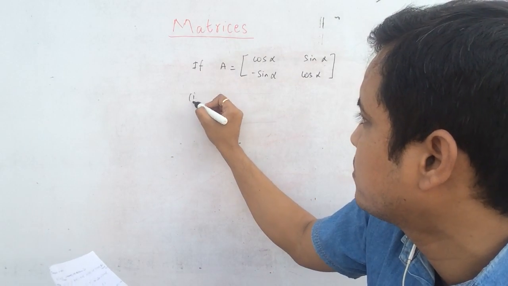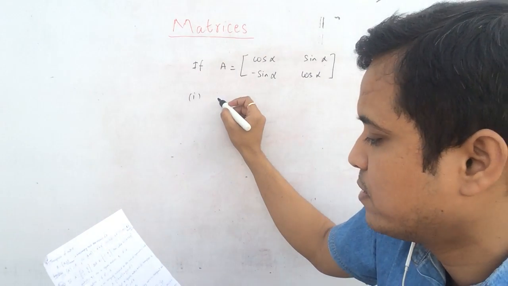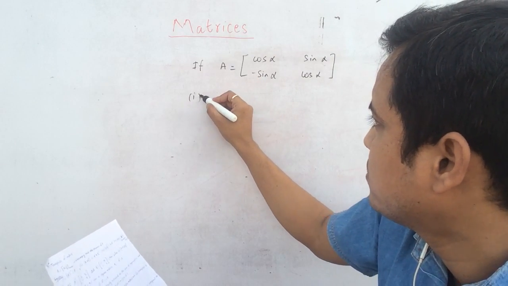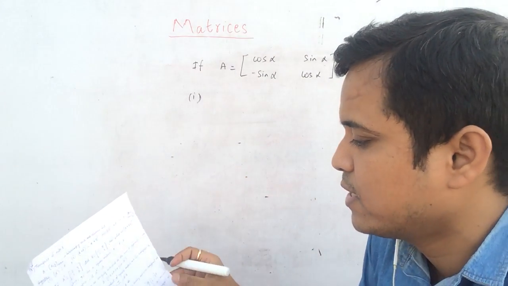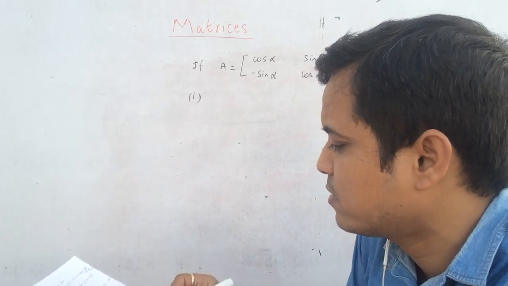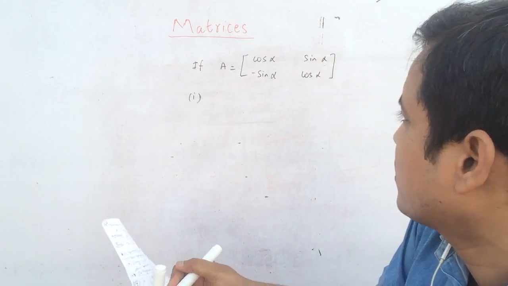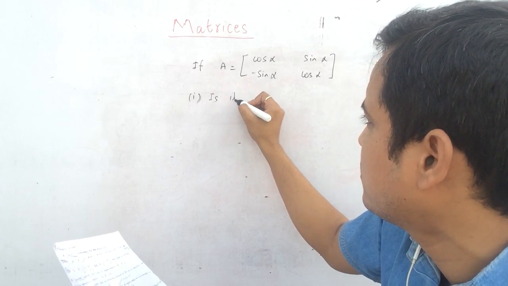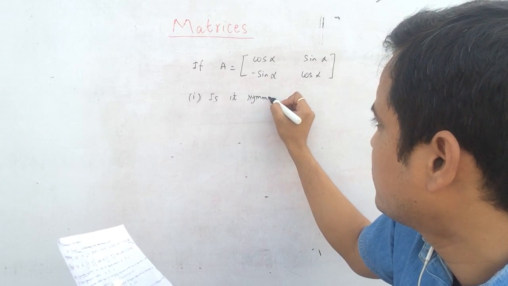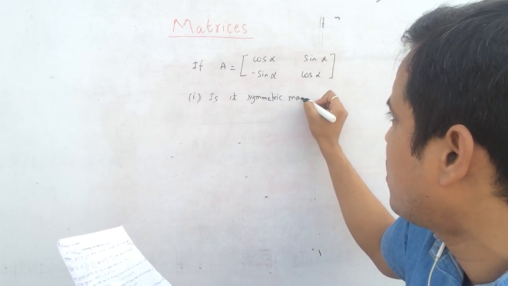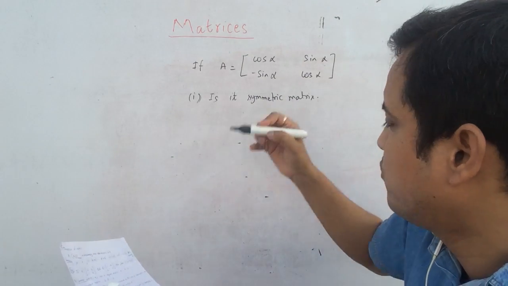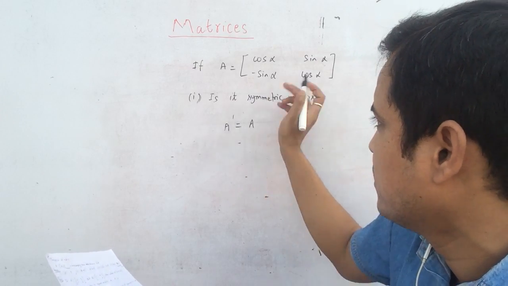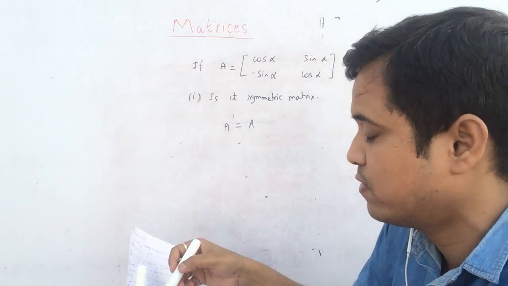First you have to check whether this matrix A is a symmetric matrix or not. So how would you check it? If you find A transpose equal to A. It is a square matrix, all right, the condition is fulfilled.